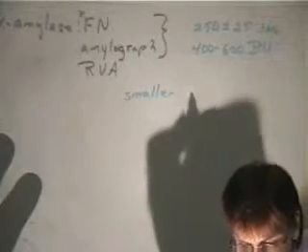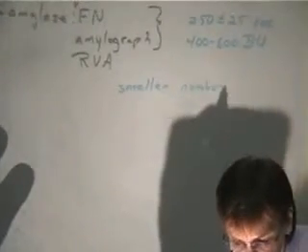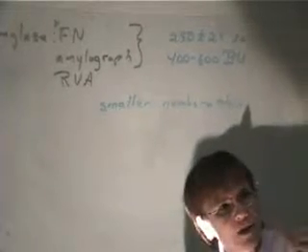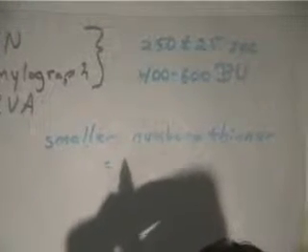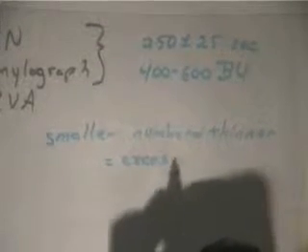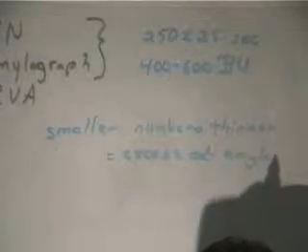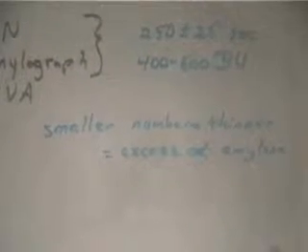Remember, alpha amylase is the liquefying enzyme, so if it's thinner, it's excess alpha. On the other hand, if it's a higher number, it's thicker, less alpha amylase.